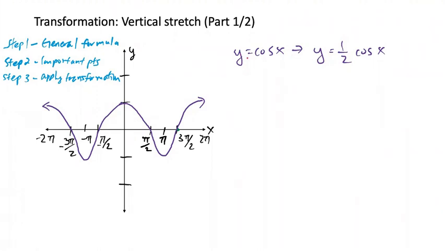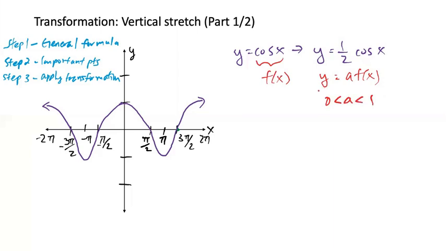In here, we need to transform cos x to a half of cos x. And the function would be cos x. So the general formula would be a times f of x, where a is the half in here. And since it is a half, that means a is between 0 and 1.